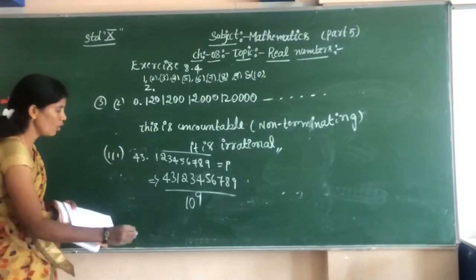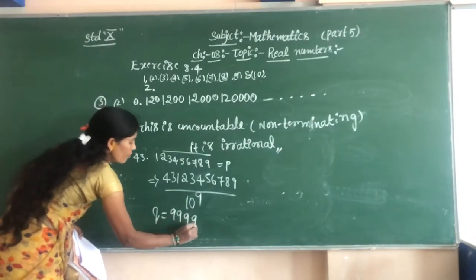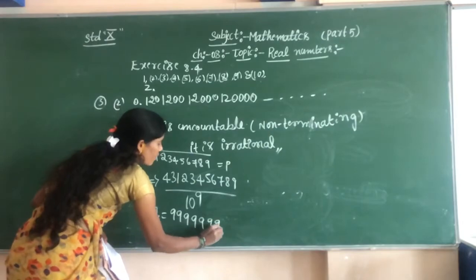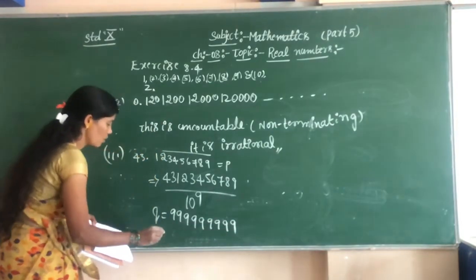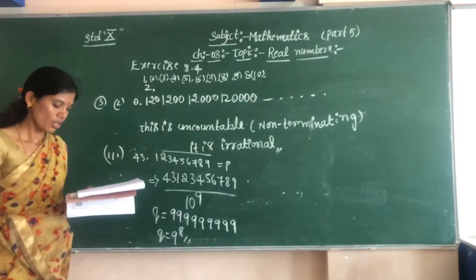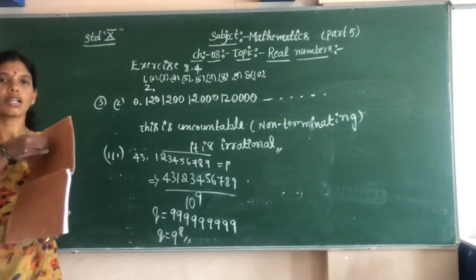Okay. So Q is equal to 123456789, so Q is equal to 9 to the power of 8. Okay, so 9 to the power of 8. So which one is it? Terminating.